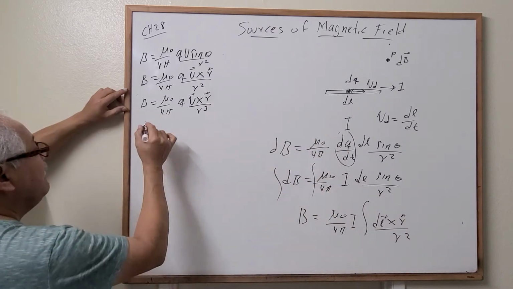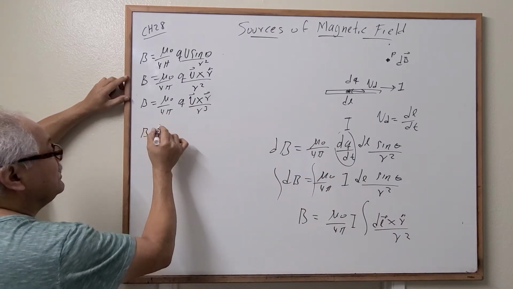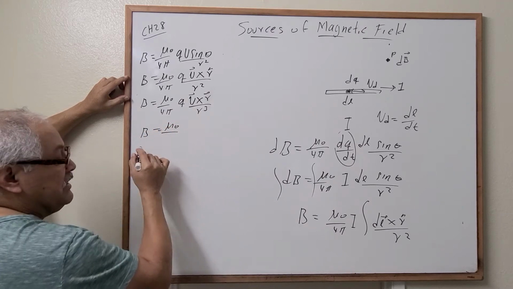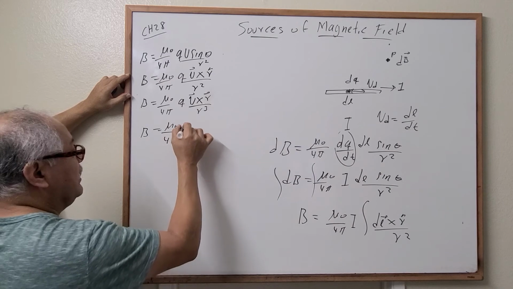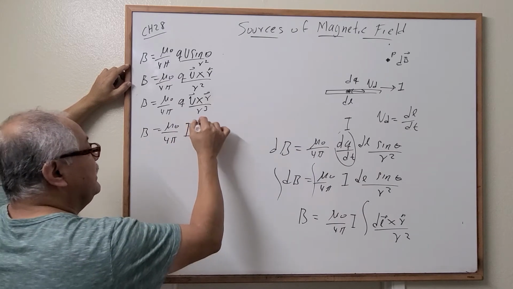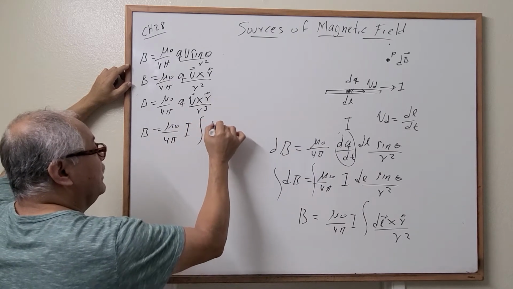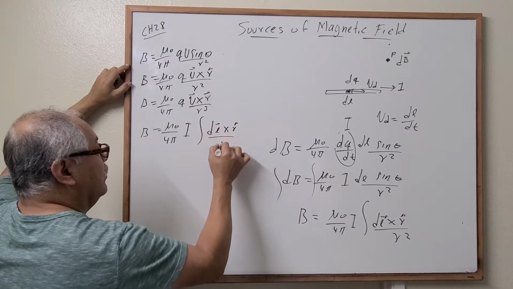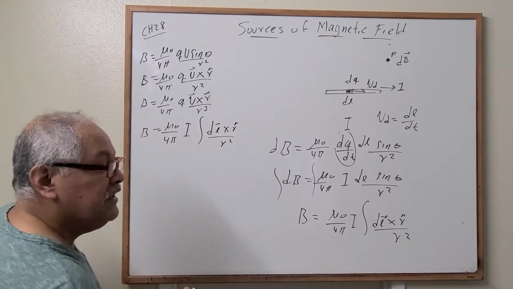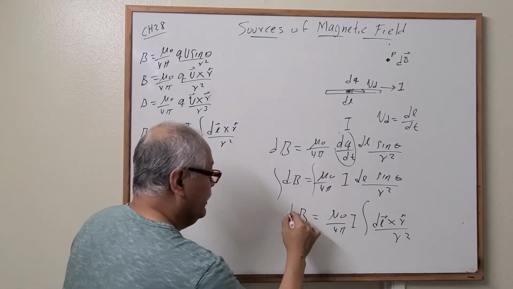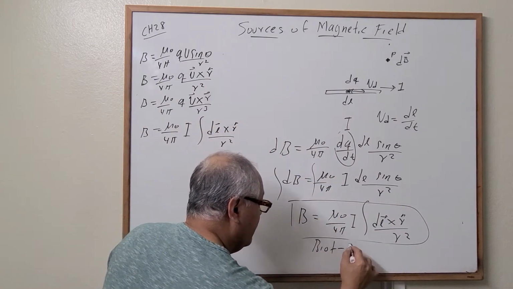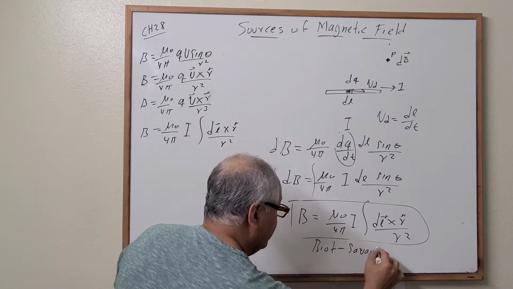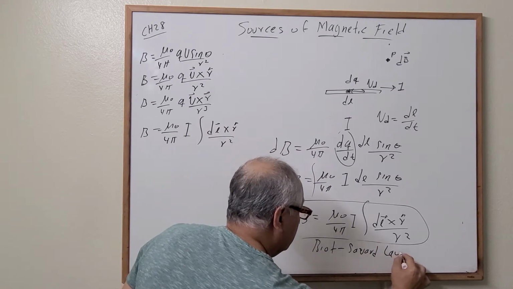Correct? And we have another formula. It's equal to mu naught over 4 pi times the integral of I dL cross r hat over r squared. This is the case where we have wires, conductors, because we're dealing with the current. This has a special name. This is called the Biot-Savart law.